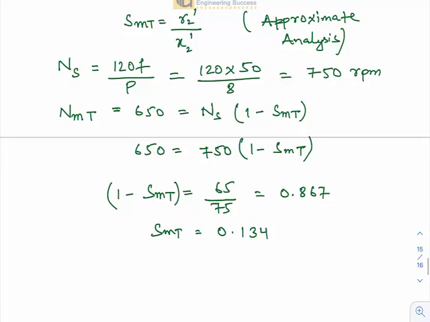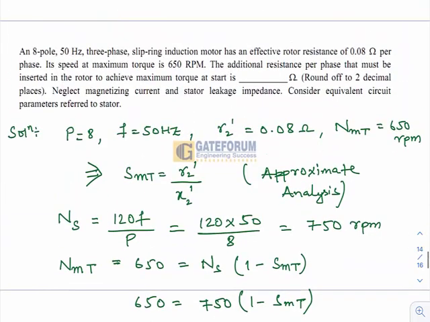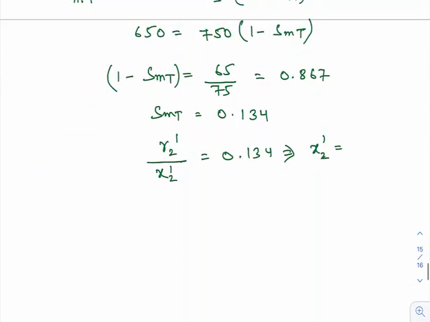0.134. Now we have already seen that we are taking approximate analysis. So apply SMT equals R2 dash by X2 dash. From here I will get the value of the leakage reactance of the rotor. X2 dash would come out to be R2 dash, which is 0.08, divided by 0.134.